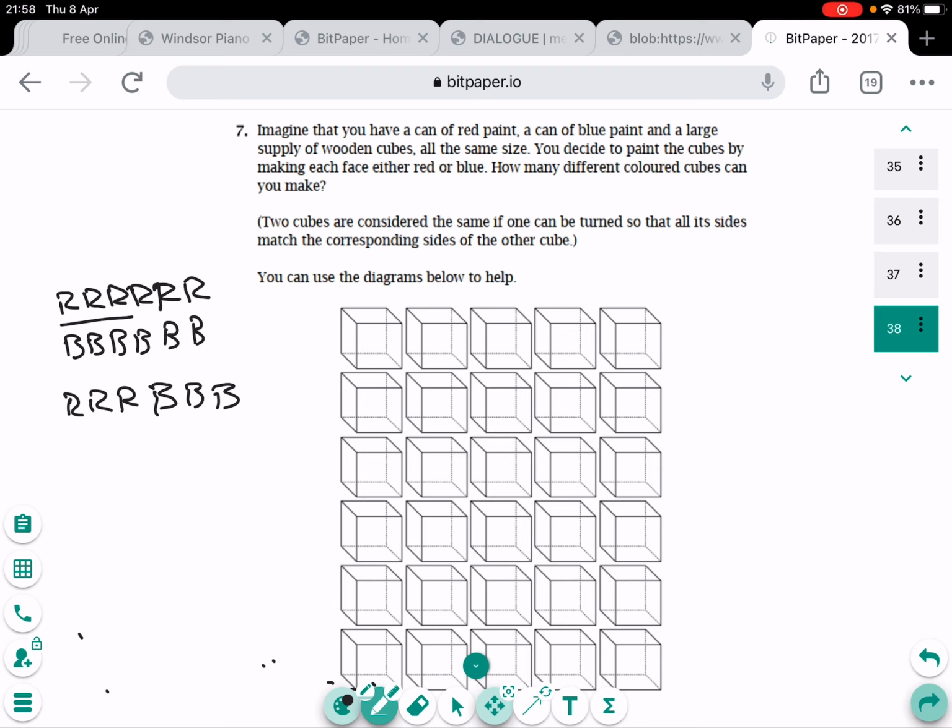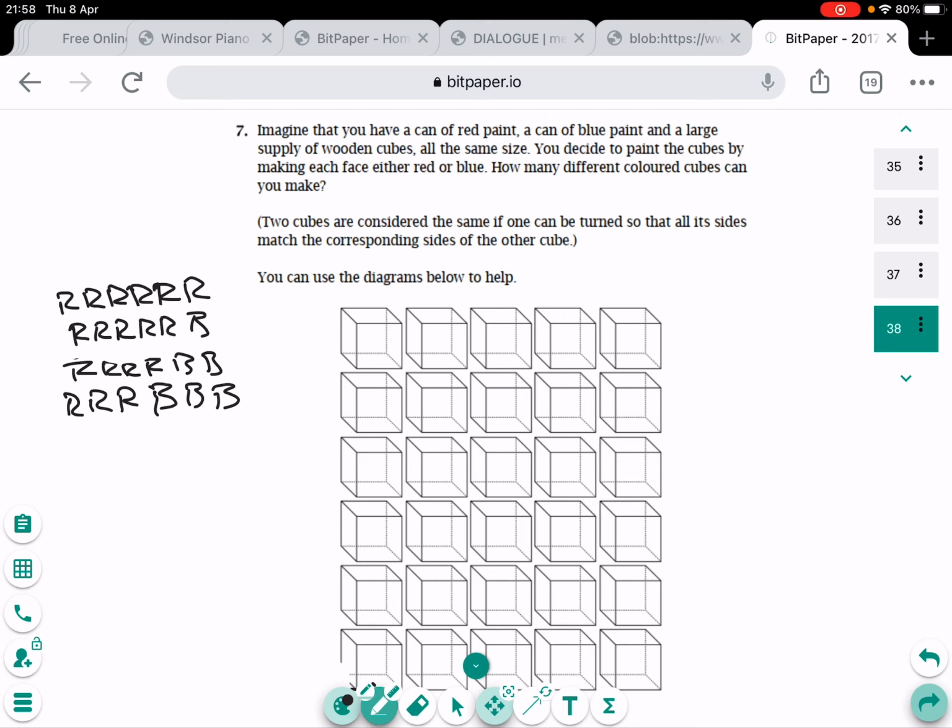I don't know why I'm writing that down, but red, red, red, red, blue, blue. Let me just erase that bit. Okay, so red, red, red, red, red, blue.